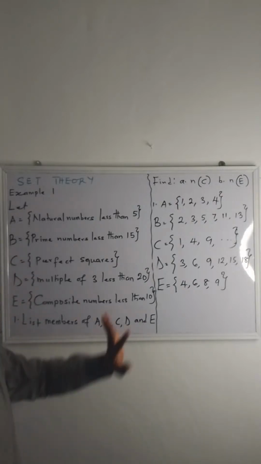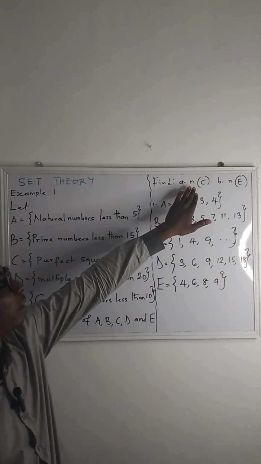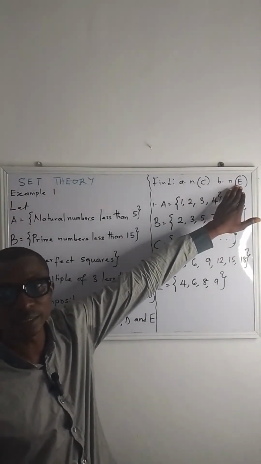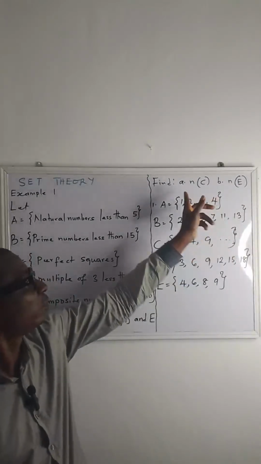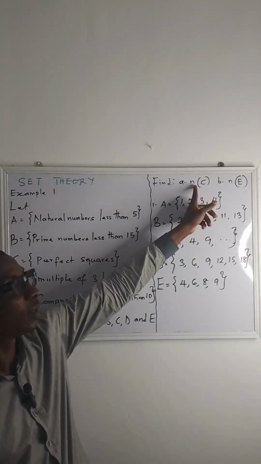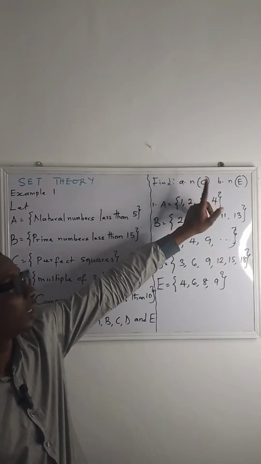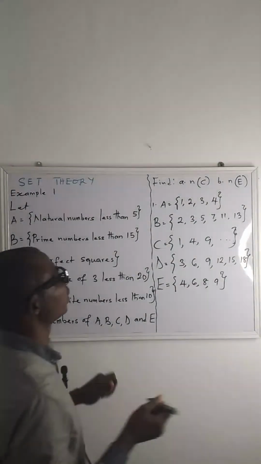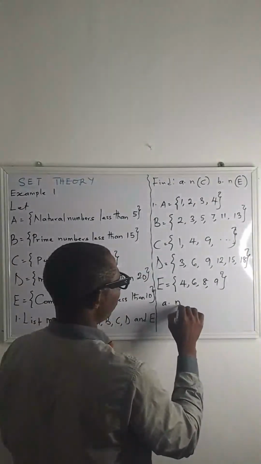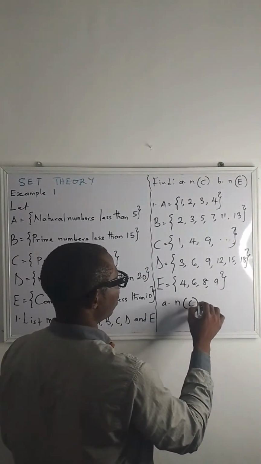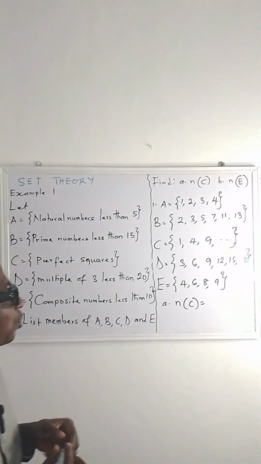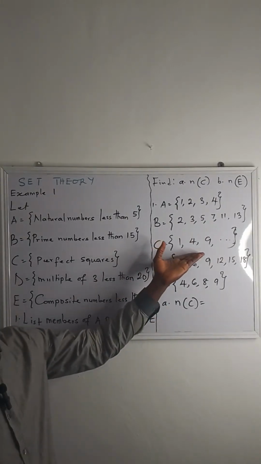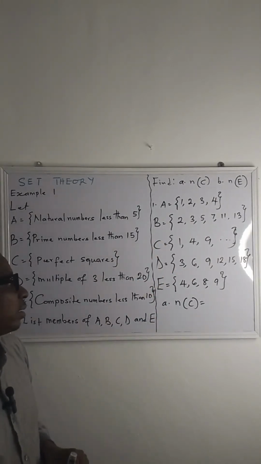Now the next thing is to find the number of elements in set C and the number of elements in set E. When you have this symbol n, it means the number of elements in the set. The first one is the number of elements in set C. You should go straight to set C and count the number of elements inside.